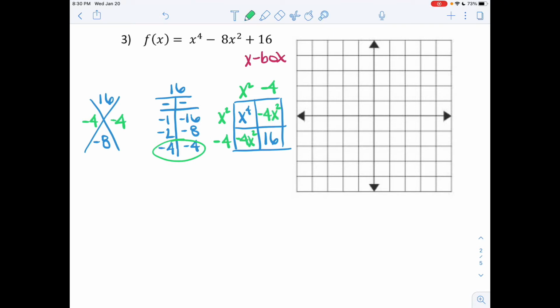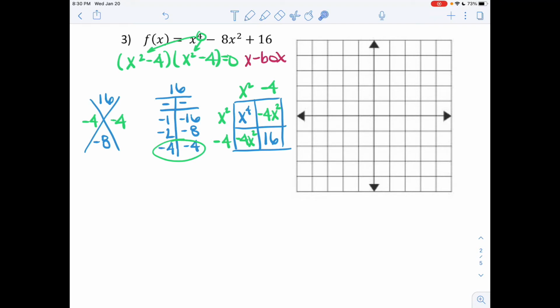So now we can rewrite our original equation in factored form, or somewhat factored form. We'll have to see if we need to do anything more. So remember that these are x squareds because I had an x to the 4th, and I'm splitting that up here.